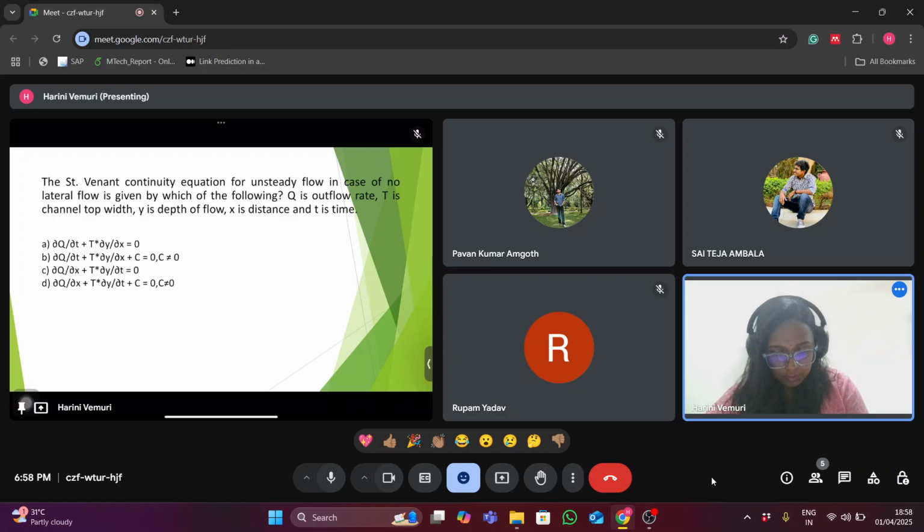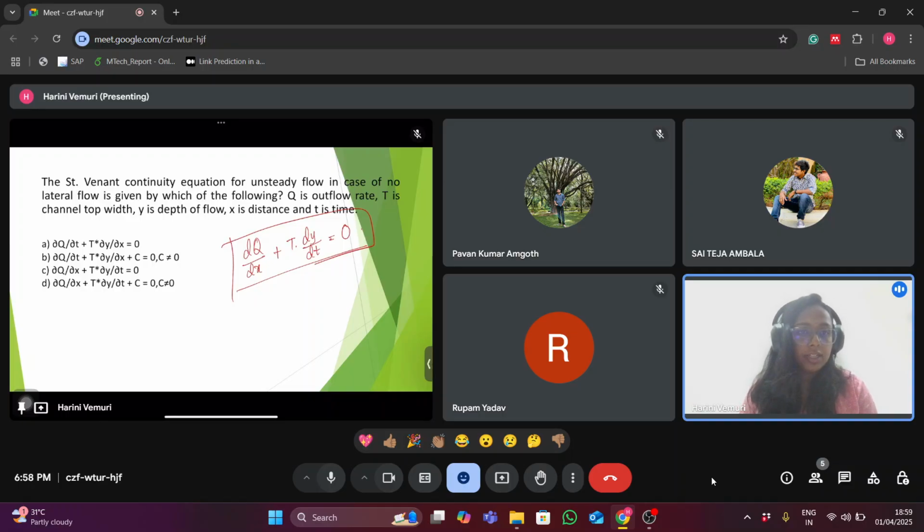So for that, what we have written is dQ by dx plus T into dy by dt is equal to 0 is the continuity equation in case of hydraulic routing when in case of unsteady flow without any lateral flow. Okay, so the answer will be option C.